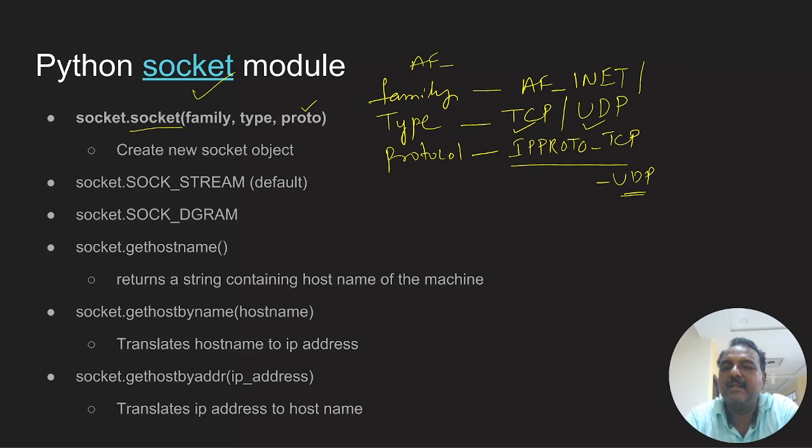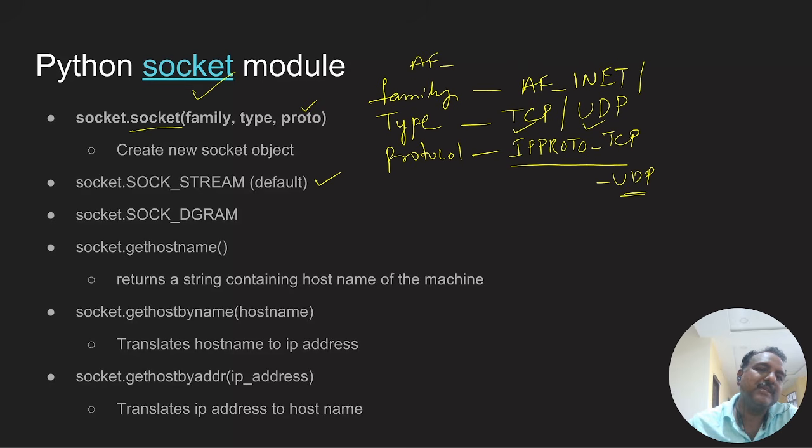So these are the arguments we supply whenever we want to use the socket method. Here the socket stream is the default, so if you don't specify any argument, it is treated as a socket stream.